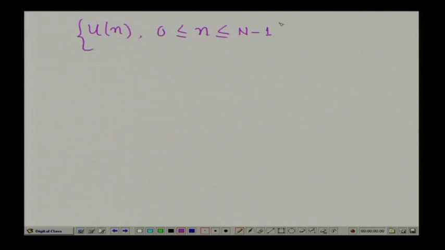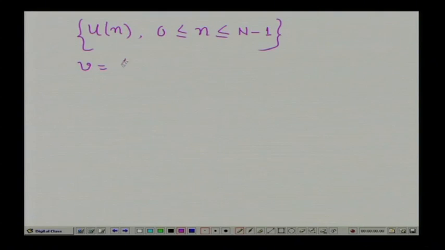We took initially a one dimensional sequence of discrete samples like this, that is u n, and we found out what is meant by unitary transformation of this one dimensional discrete sequence.